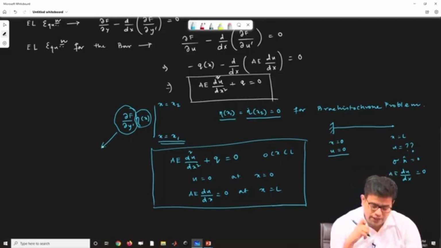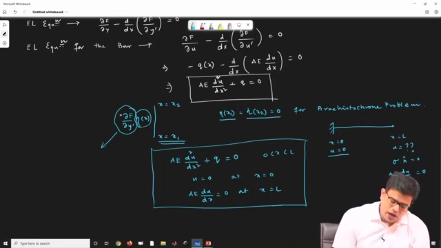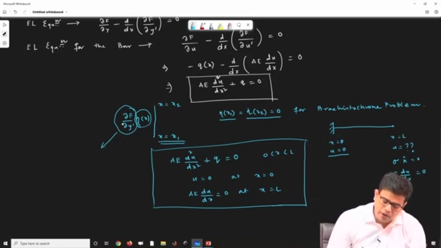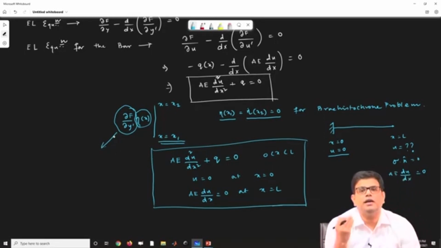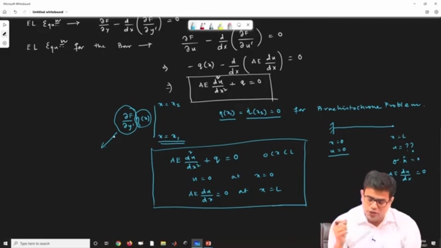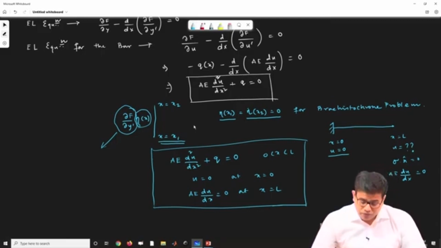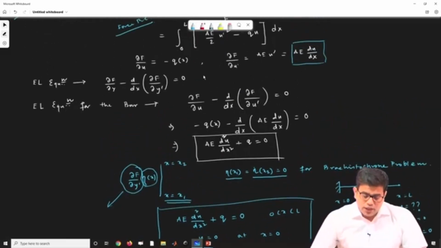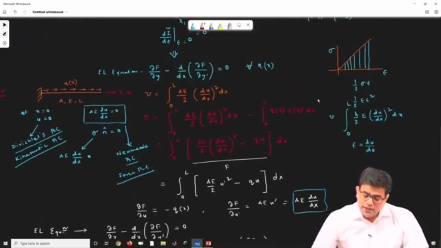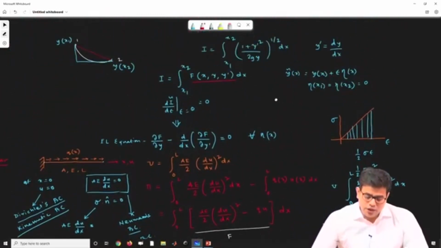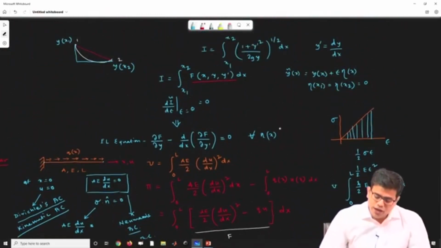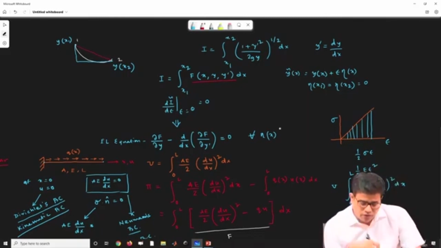The important thing is that at the boundary of the problem, you have to specify either a force boundary condition or a Dirichlet, that is kinematic, boundary condition. So now we can see the application of this calculus of variation in finding the Euler-Lagrange equation.